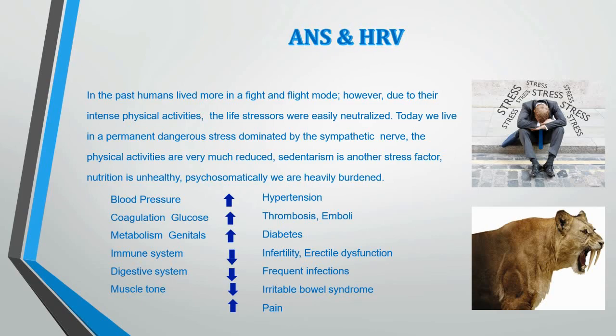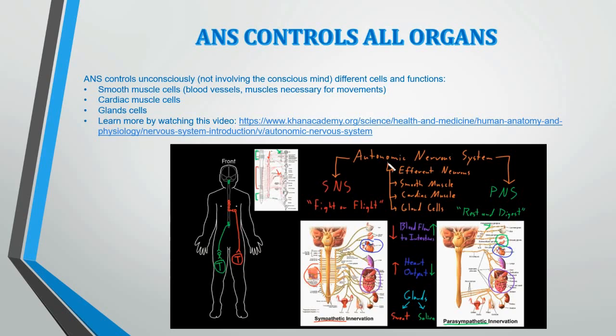Our immune system is weakened, the digestive system as well, our muscle tone is weaker, we therefore develop dangerous conditions such as diabetes, infertility, erectile dysfunctions, frequent infections, pain conditions, irritable bowel syndrome, and many, many more.